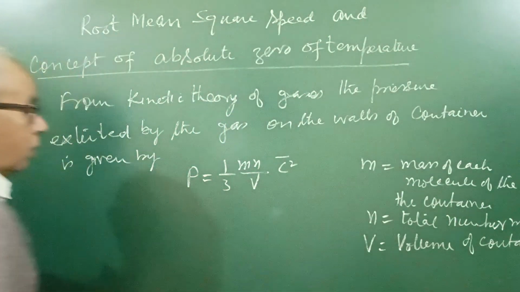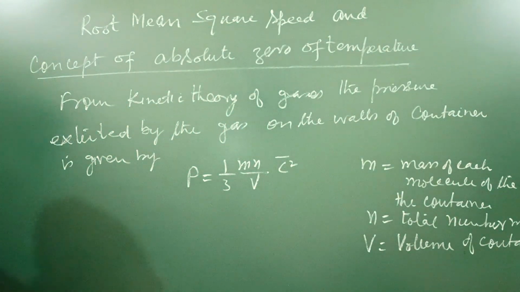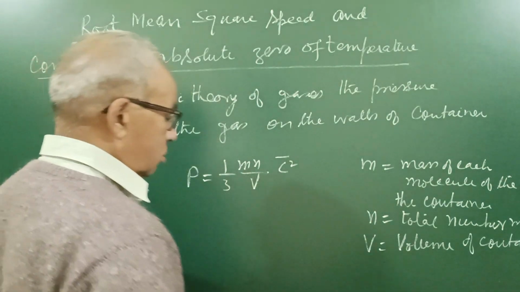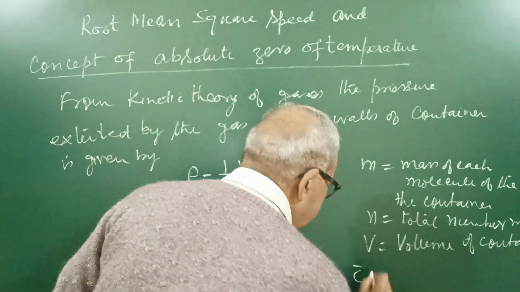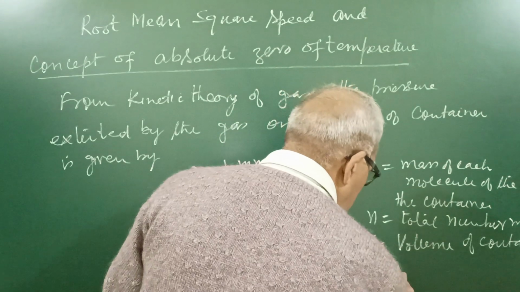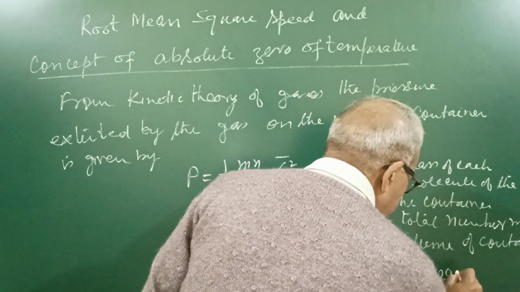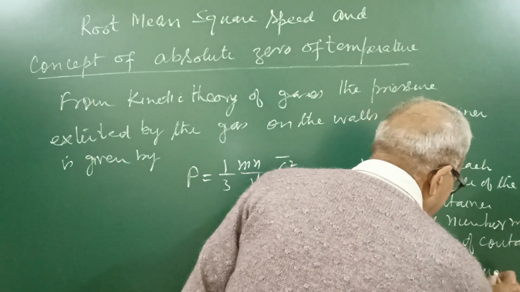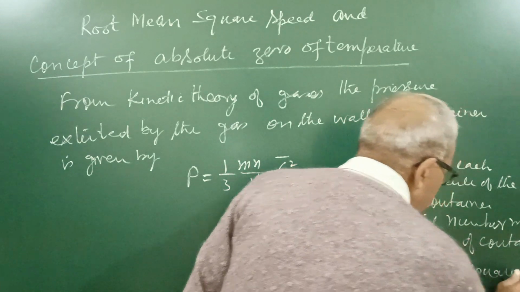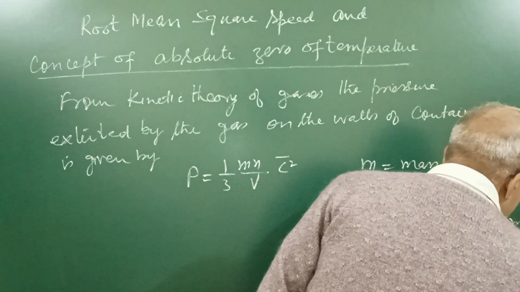C square bar, or C bar, is the root mean square speed or velocity.